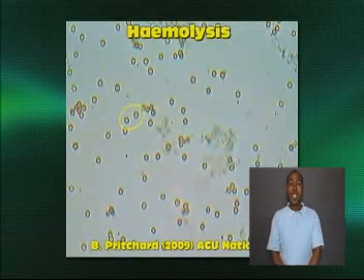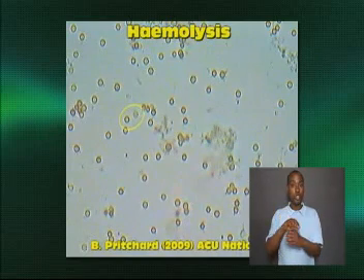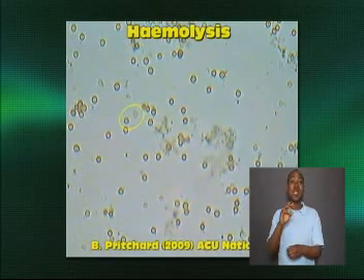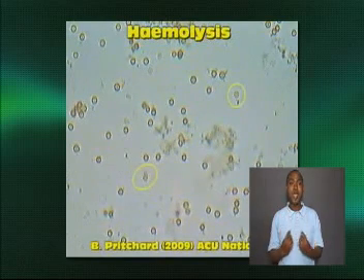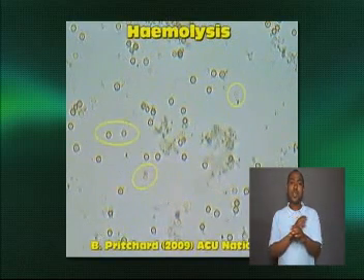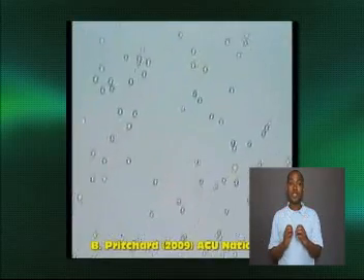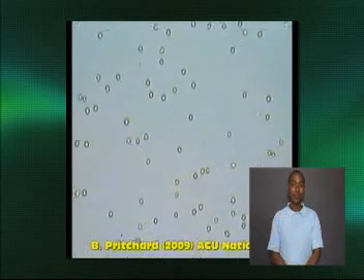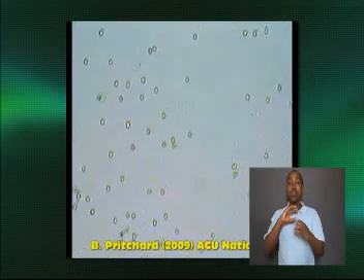If cells are in hypotonic solution, the higher water concentration in the solution will diffuse into the cells, swelling and possibly bursting them. If cells are in hypertonic solution, the higher water concentration inside the cells will diffuse out, causing the cells to shrink.